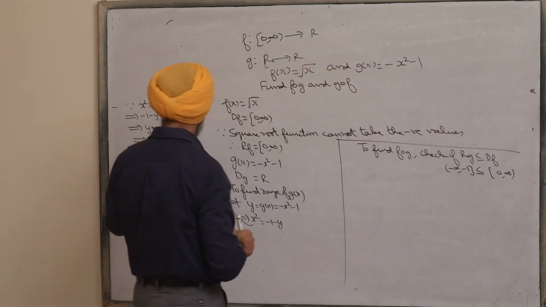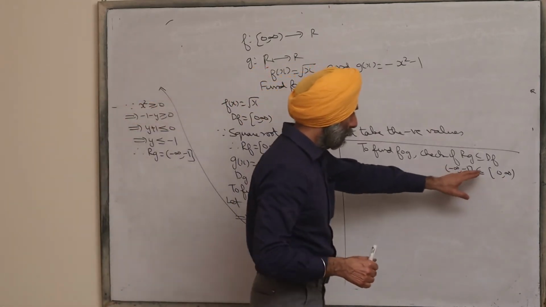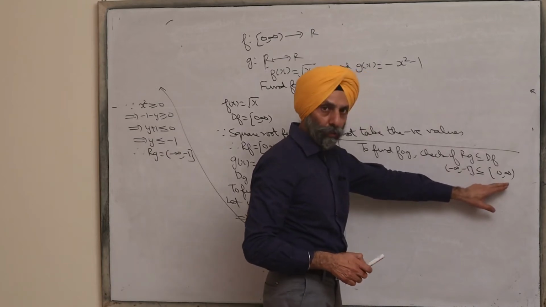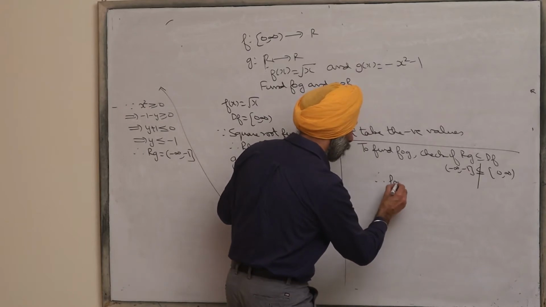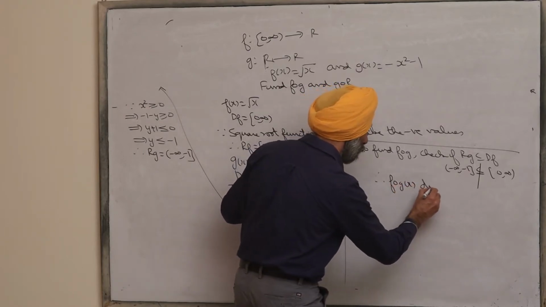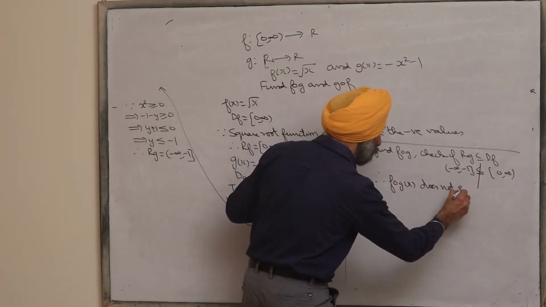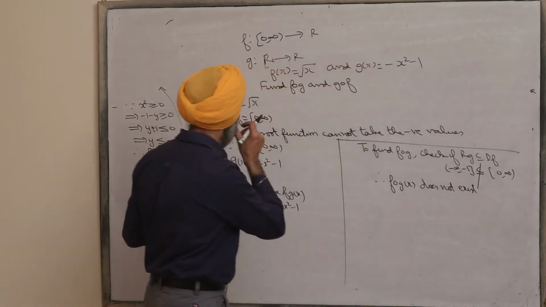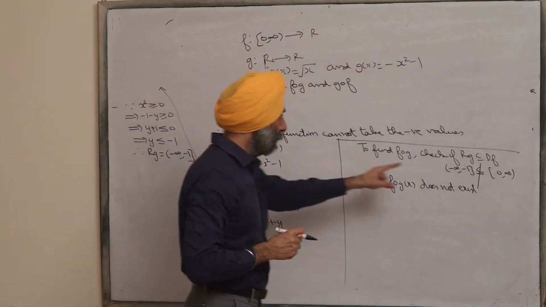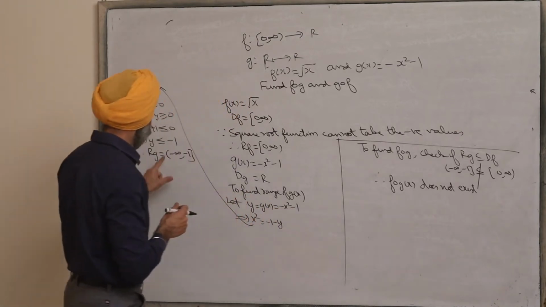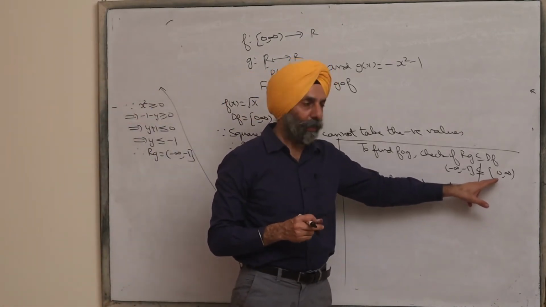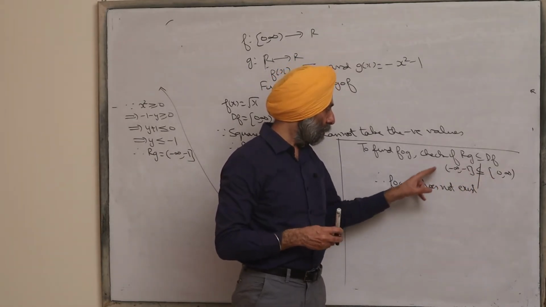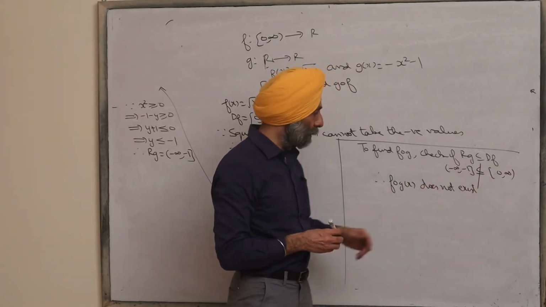Now is minus infinity to minus 1 a subset of 0 to infinity? It is not. Therefore f of g(x) does not exist, because domain of f is 0 to infinity, range of g is minus infinity to minus 1, not even for a single value this exists, so therefore this does not exist here.